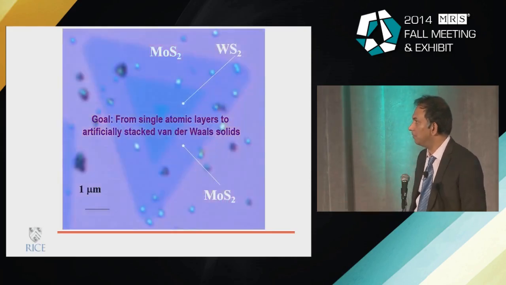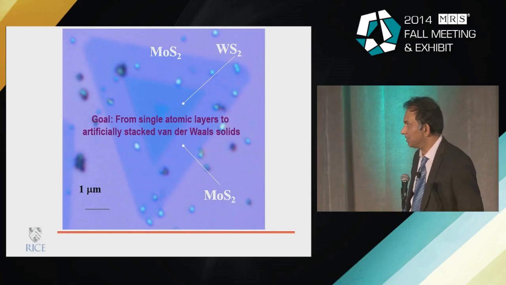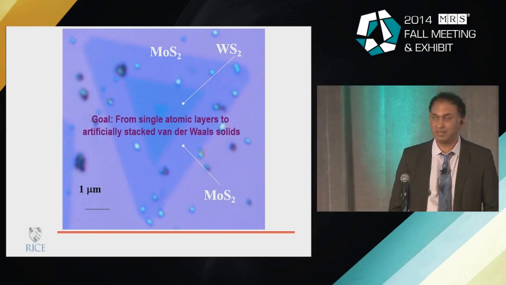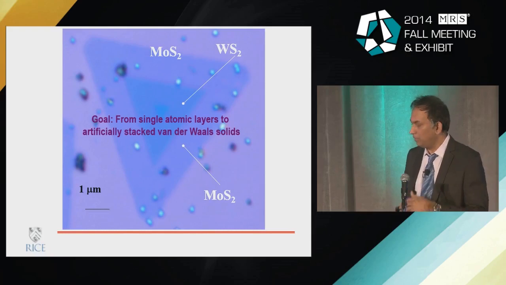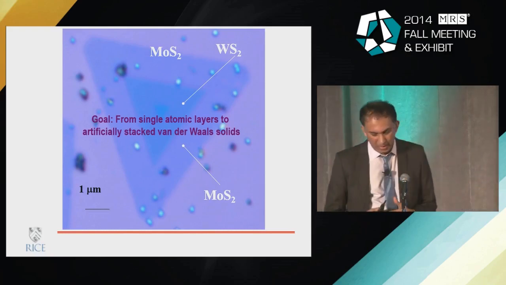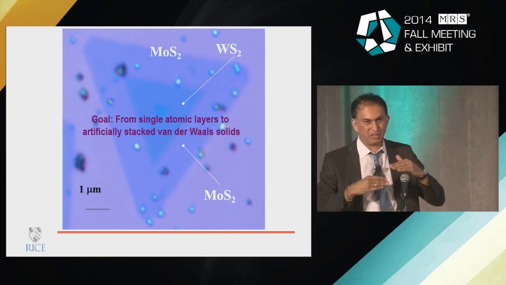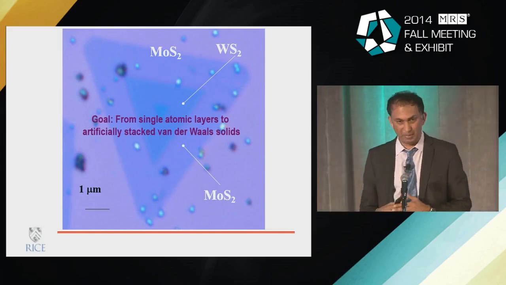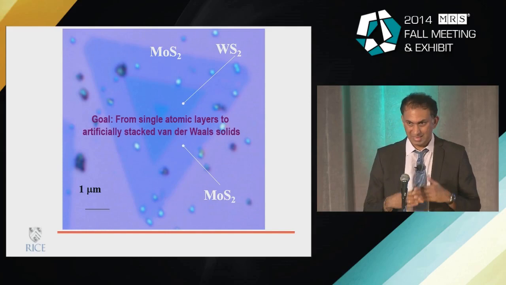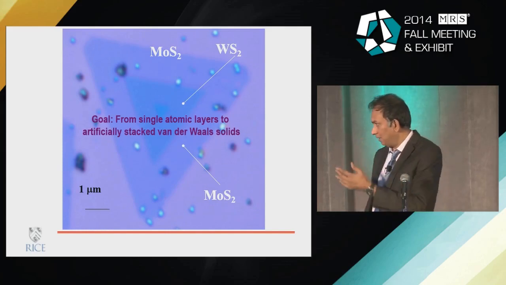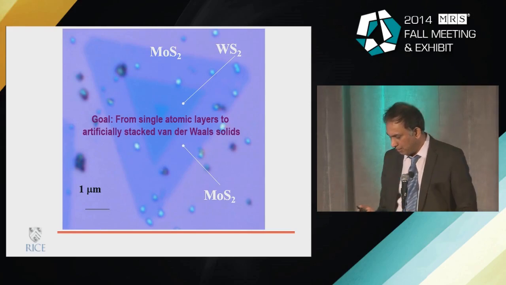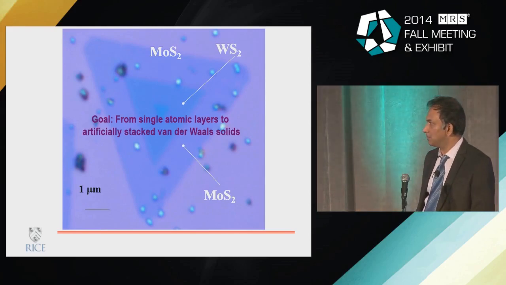It's never existed before. So we have had some success in some of these materials that we create, like molybdenum sulfide and tungsten sulfide. Now, when you're trying to stack different layers, it's not just about putting one layer on top of the other. There are also subtle changes depending on the orientational order, the stacking sequence, and of course the interlayer spacing, and there are several other things that you can manipulate as you're building these type of structures.